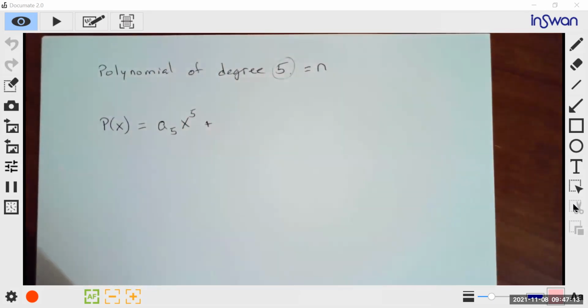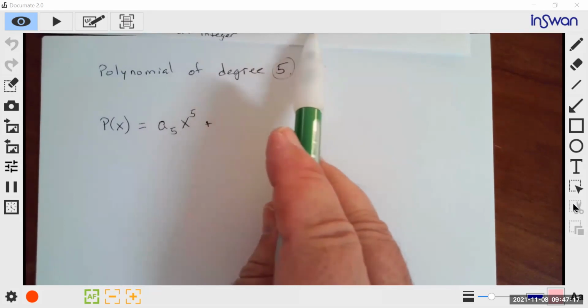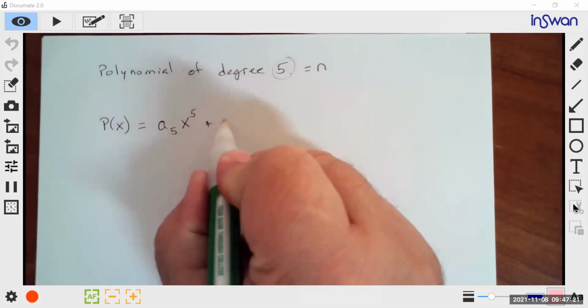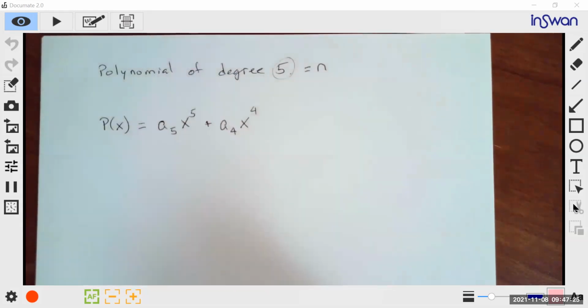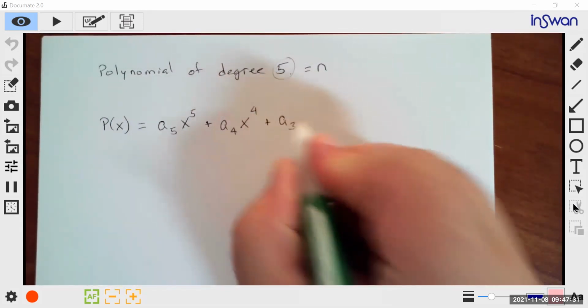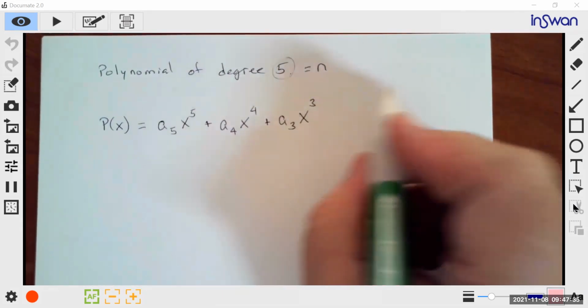The next one, remember what the formula says. Next one is n minus 1. So if n is 5, what's the next one? 4. Then the one below that, subtract another one. It's a sub 3, x to the power 3.